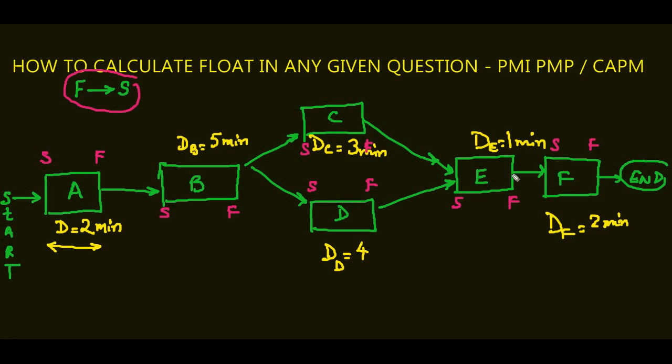Every activity has a start and an end, isn't it? That's the main concept of a project. A project is something which is temporary. Temporary means it has a beginning and an end. Beginning is start, end means finish. I won't explain this more; you can look at my video on project. We're on float, so let's stay in float.